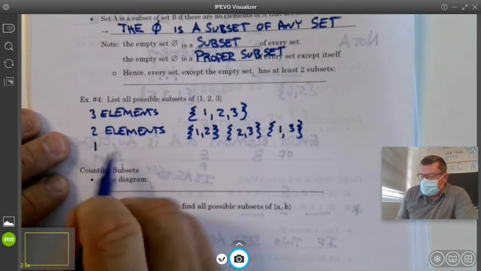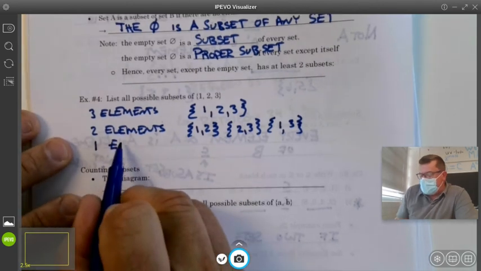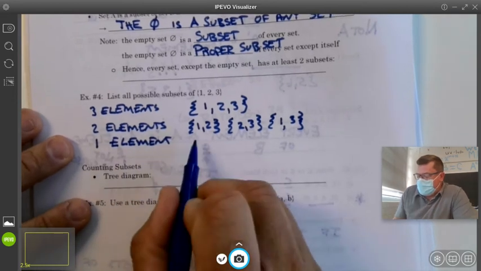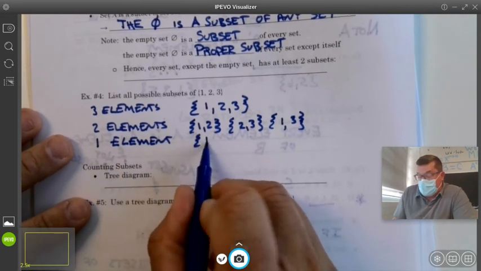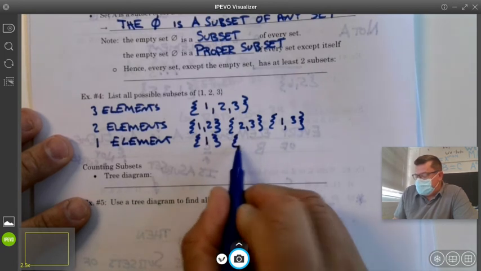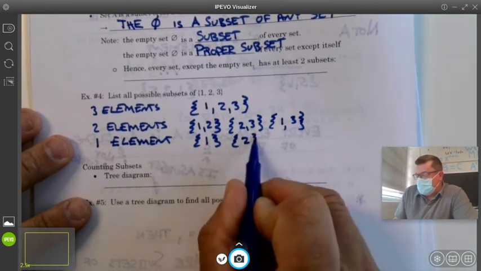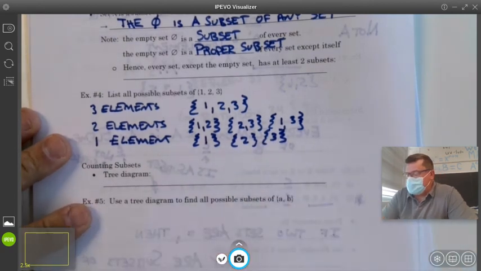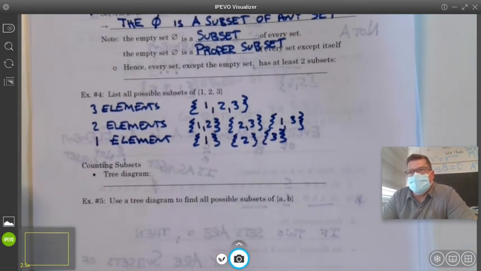Now let's list all the subsets that have 1 element in them. The set that contains 1, the set that contains 2, and the set that contains 3. So listing all of the subsets, I do it systematically. Are there any other subsets that you can think of that belong here?